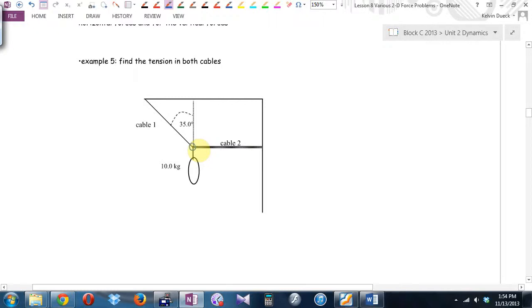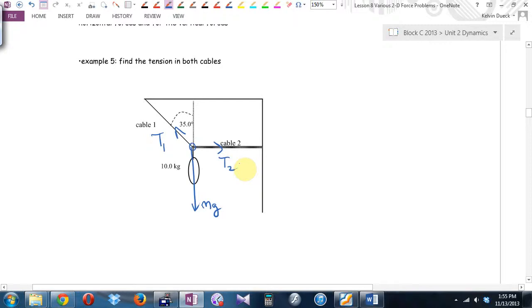Get the obvious one. What else? 2 cables, 2 tensions. Tension 1. Tension 2.